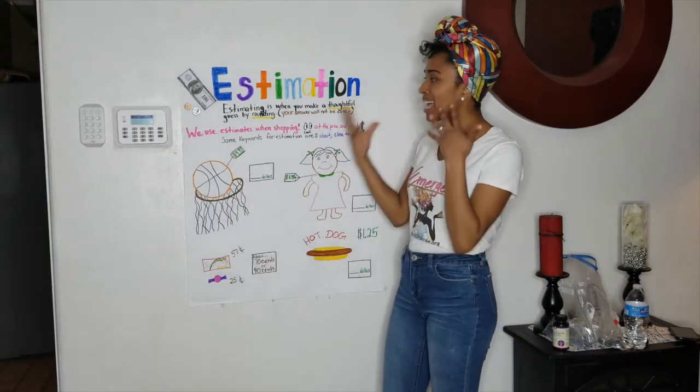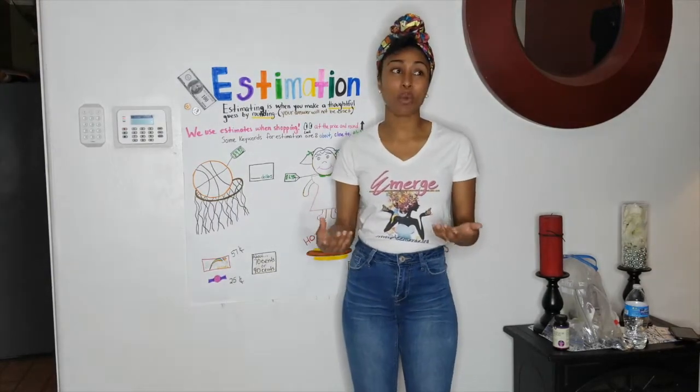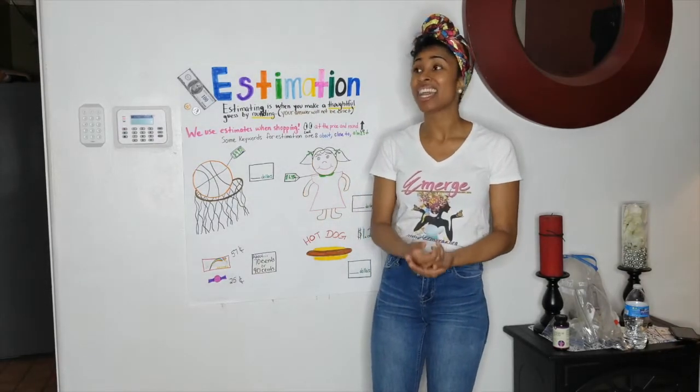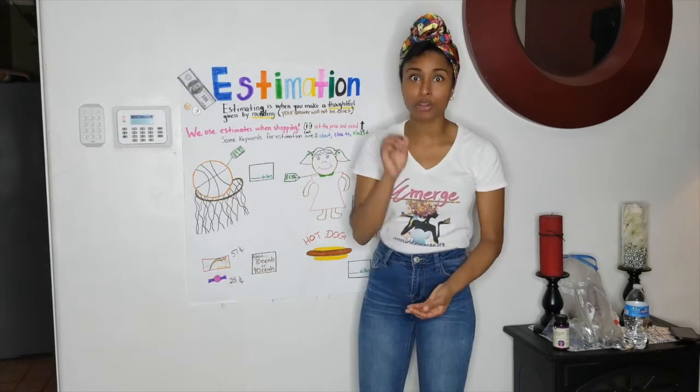When we estimate, our answer is not exact. That means that we're guessing, right? We're making a really thoughtful guess. So it's not necessarily the exact number that we're looking for, but it's close to it.